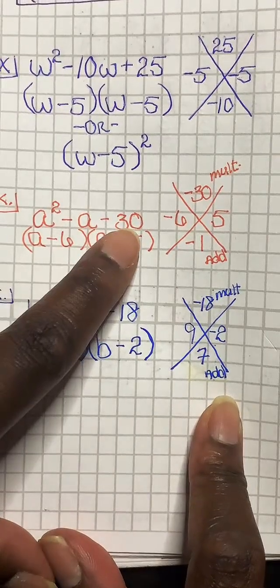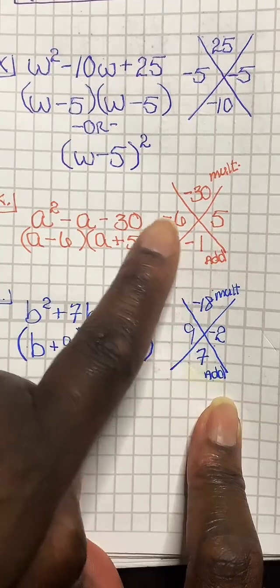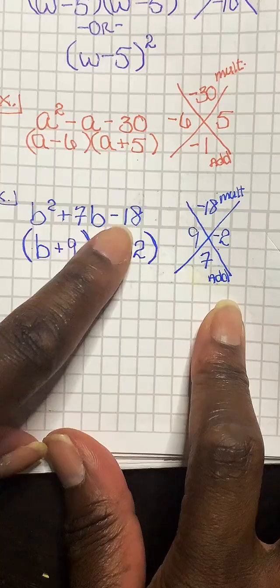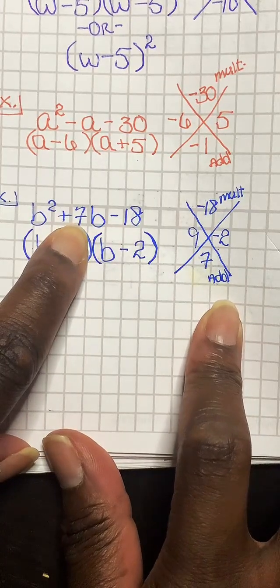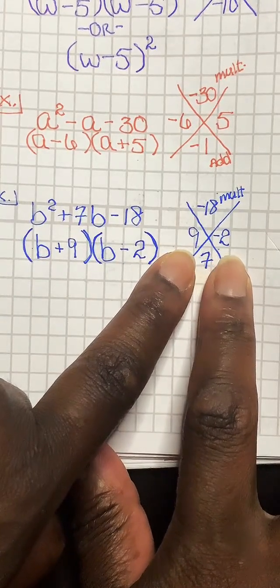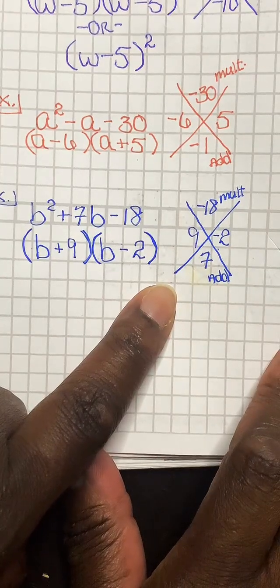If the C is negative, that means one of them is going to be negative. And if your C is negative and your B is positive, that means one of them is going to be negative, but we have to make sure we get the right one. Okay.